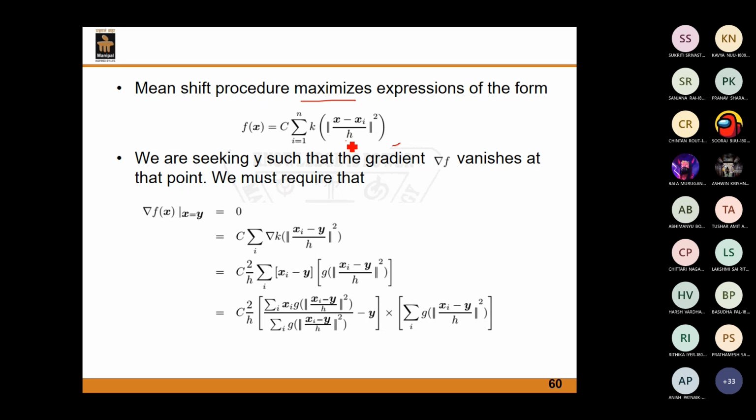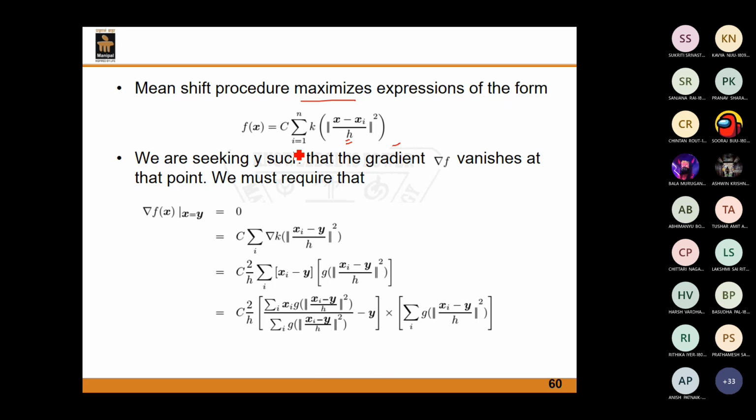And along with that, you have it normalized with H. H is nothing but the circular region of interest, right? So if you're taking this equation and maximizing this, what happens is that you're moving towards the denser region. So the mean shift procedure can also be obtained by maximizing this particular equation that you're having.